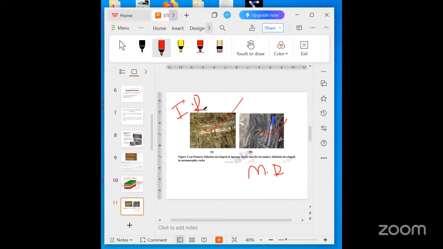Igneous rocks. So primary foliation develops simultaneously with the formation of the rock, right? And secondary foliation is used for layers found in metamorphic rocks, right?